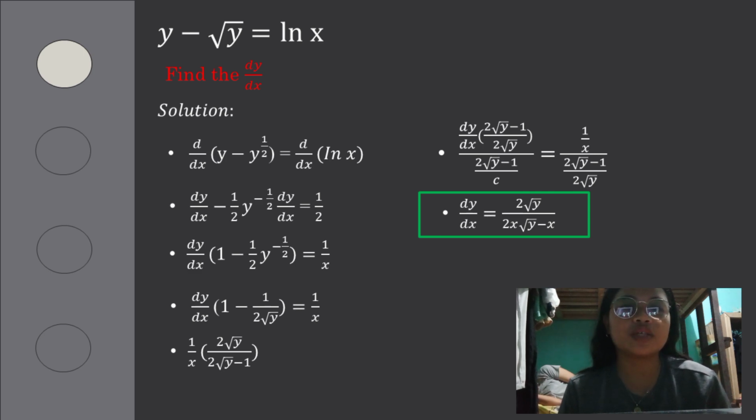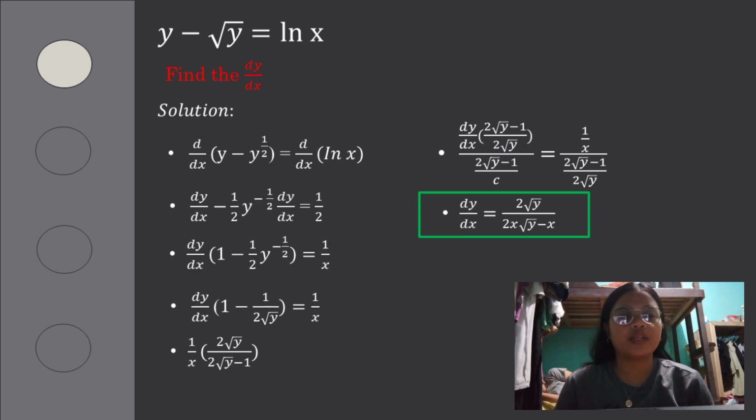And then the other equation nga nahimo ng dy over dx equals 1 half. Then following the operations, dy over dx 1 minus 1 half times y raised to negative 1 half equals 1x. dy over dx 1 minus 1 over 2 square root of y equals 1x.